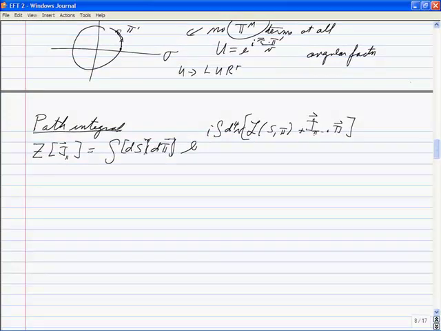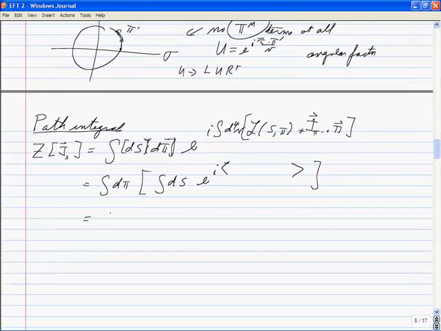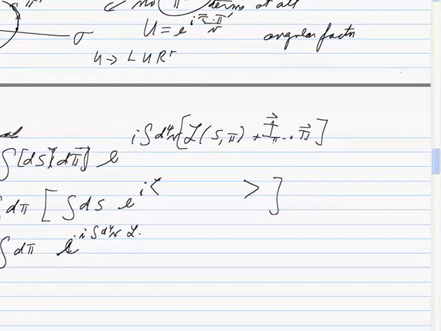Okay, but now we integrate out the S. So we write this as the integral d pi times the integral ds e to the i stuff, the stuff that we have there. And this is then the integral d pi e to the i integral d^4x L effective.